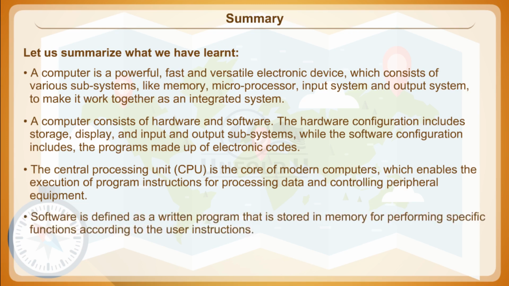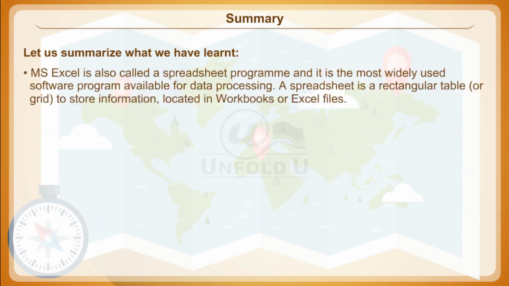Software is defined as a written program that is stored in memory for performing specific functions according to the user instructions. MS Excel is also called a spreadsheet program, and it is the most widely used software program available for data processing.